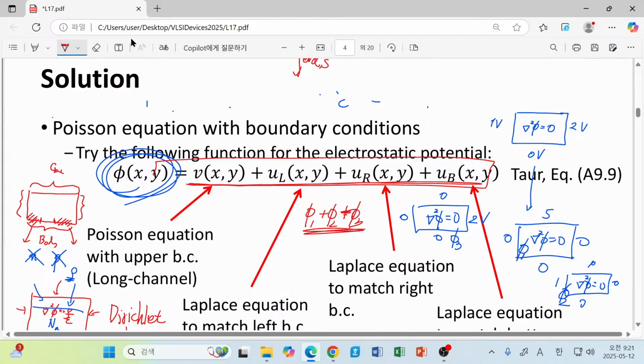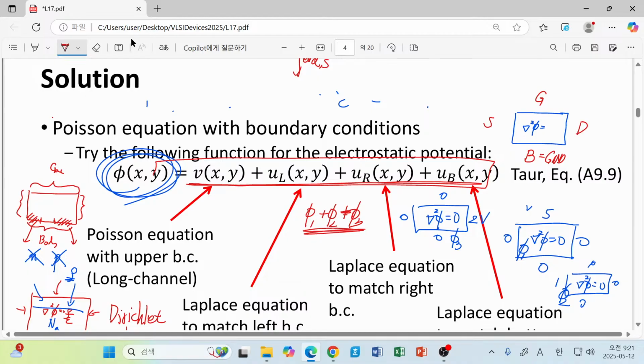Here we have the conditions. This part corresponds to the gate, and this part corresponds to the body potential, but the body potential is just grounded, so that's not important. And here we have a source potential and drain potential.